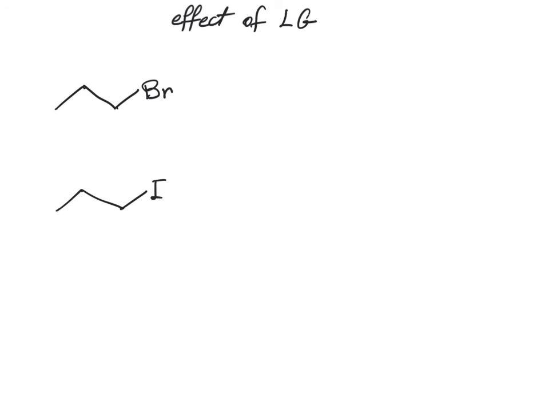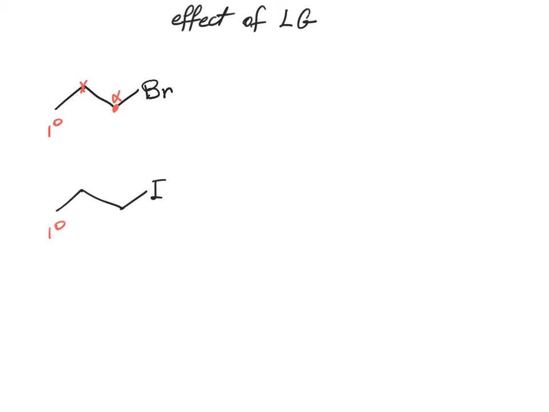Effect of leaving group on SN2 reaction. The better leaving group makes the SN2 reaction faster. For example, here we have two primary substrates because the alpha carbon is bonded to only one other carbon and two hydrogens.